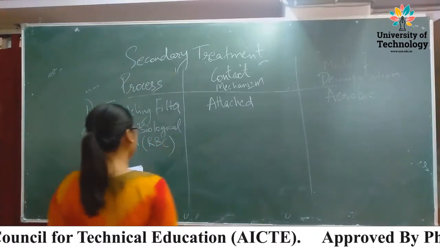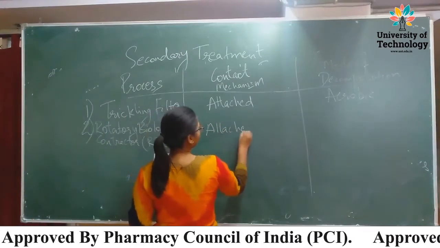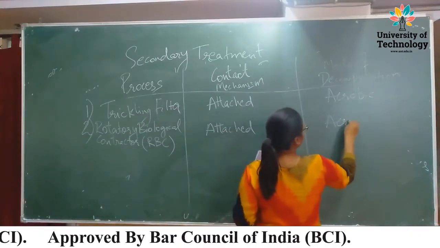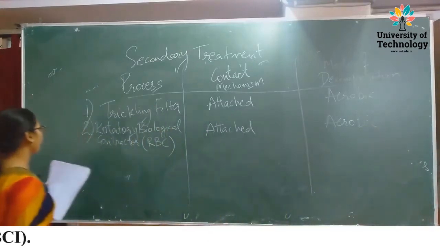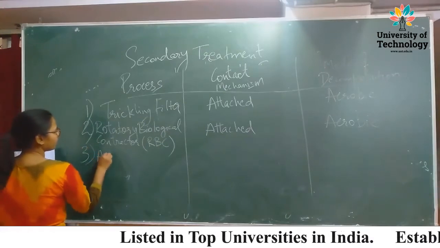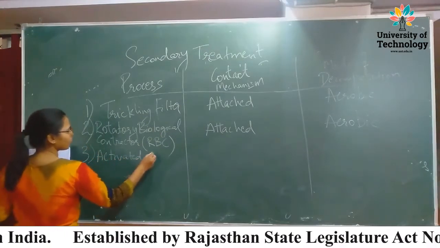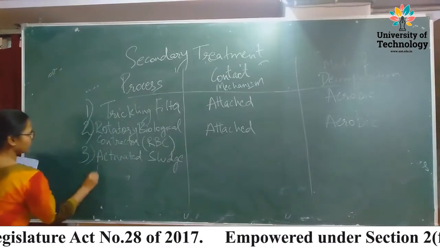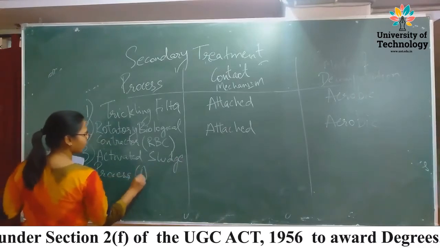RBC is an attached growth system and is an aerobic process. Number 3 is the activated sludge process, ASP.